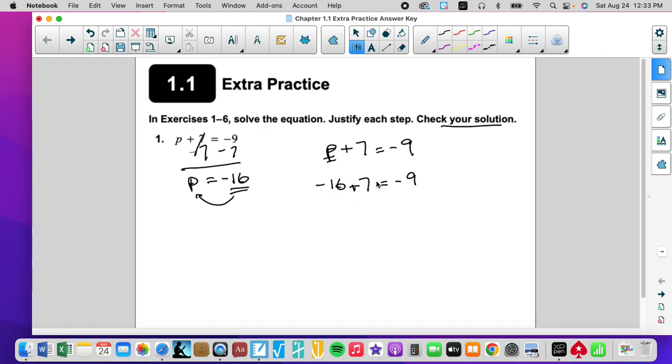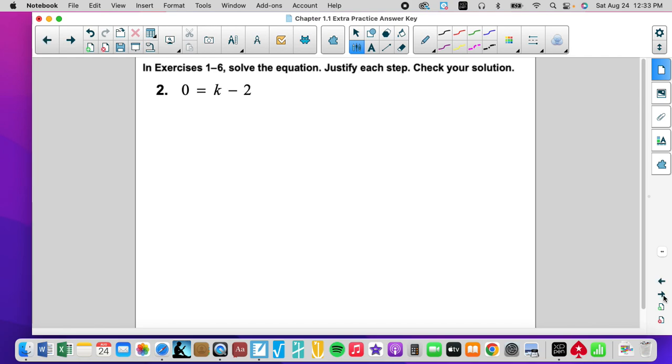We're not going to move things back and forth. We're just simplifying. Negative 16 and positive 7 leaves me with a negative 9, and we notice that the left side does equal the right side, so that means our solution is correct. That is checking your solution. How much time did that take? Not very much. Hence why it's good practice to check our work.